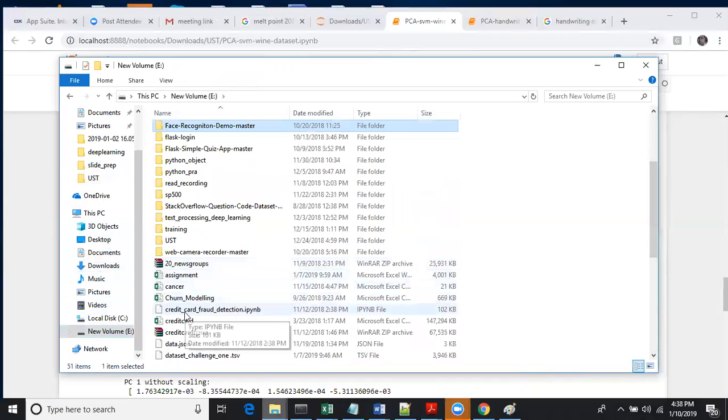Yes, this one is the data set. The program itself is here. This is the credit card fraud detection.